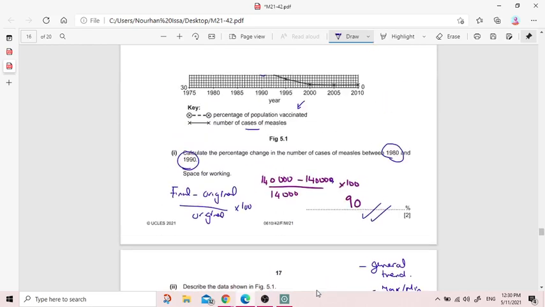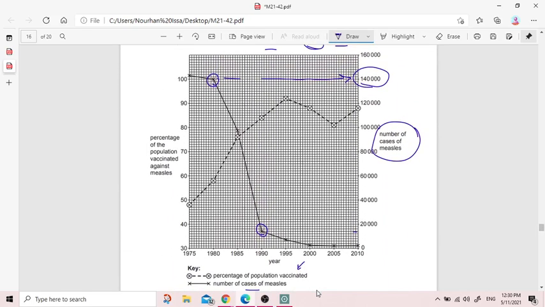Here, if you want to describe, what will I say? As the number of vaccinations increased, the number of measles cases decreased.